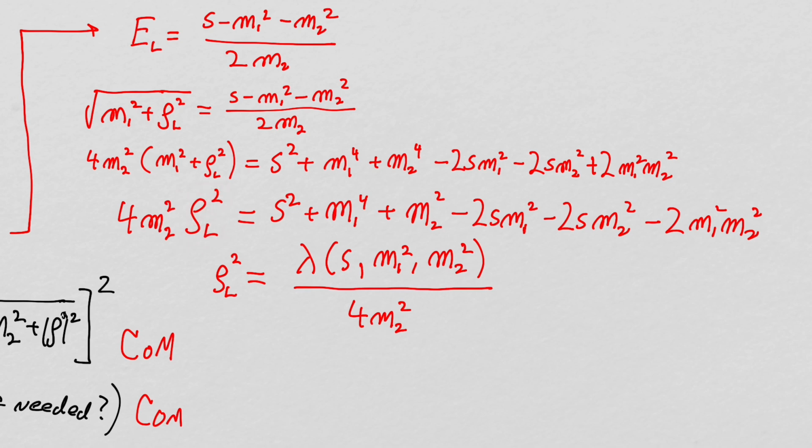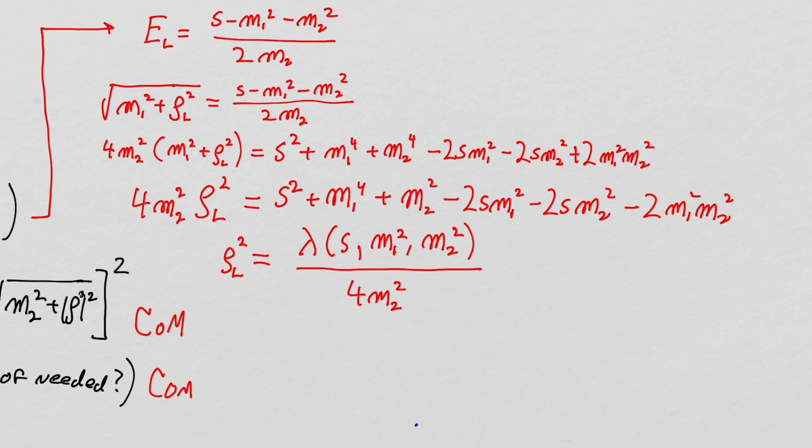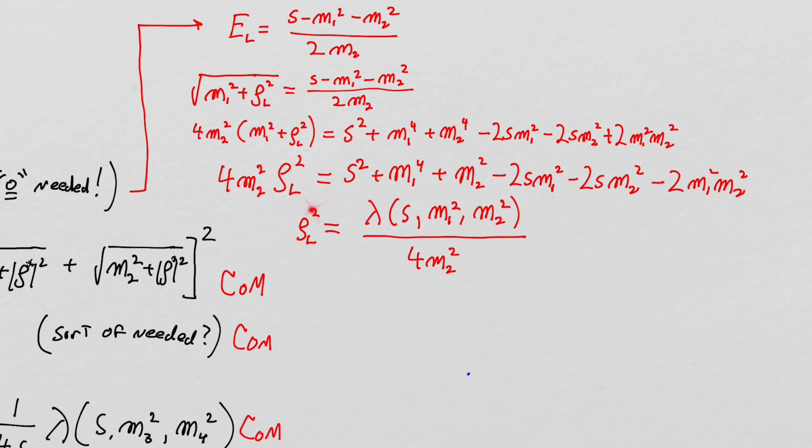This is what we're looking for, the magnitude of the 3 momentum squared. And this is actually lambda of S, M1, and M2. So now the magnitude of the lab 3 momentum squared is this lambda function again over 4m2 squared. So I was actually able to solve for this as well.